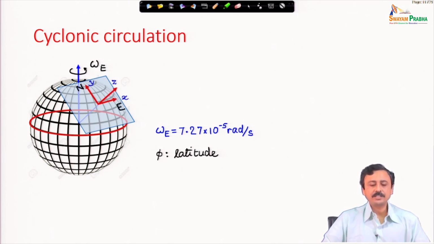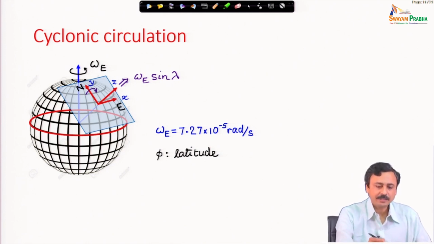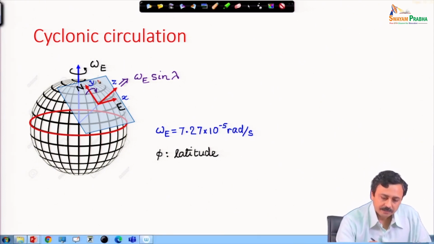I fix a coordinate system like this: in the east direction I have the x axis, towards the north at that place is the y axis, and the z axis is vertically upwards from the center. Now, the omega of the earth, that vector, can be represented in this coordinate system. In the figure it is a vertical line, at a latitude phi. So this angle is phi.